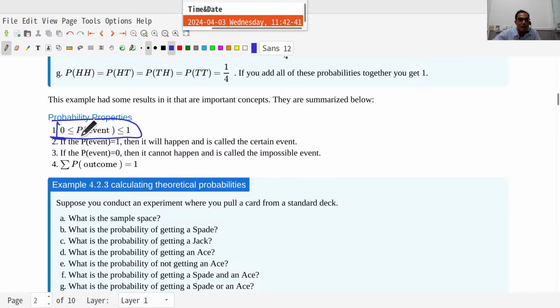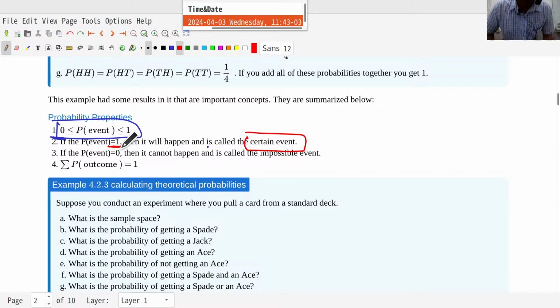If the probability of the event is 1, it means it will happen. It's called a certain event. In our language, I 100% guarantee it will happen. So that is a certain event.